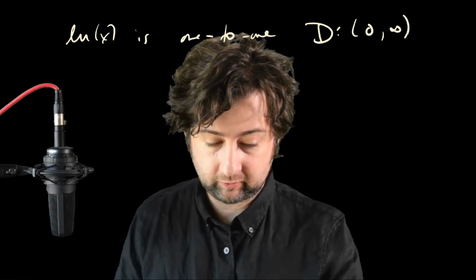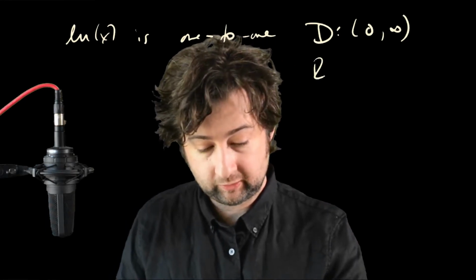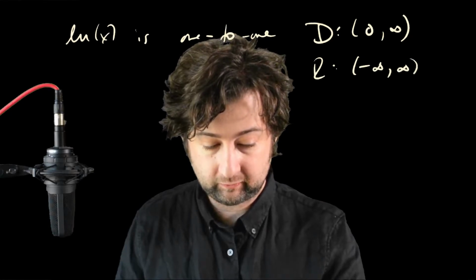So we know that the natural log of x is 1-to-1, and we know that its domain is any number from 0 to infinity, and we know that its range is from minus infinity to infinity.